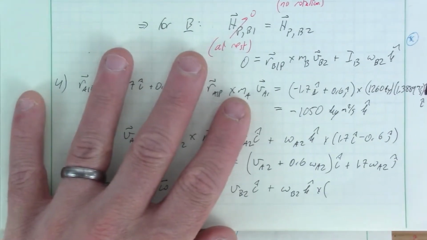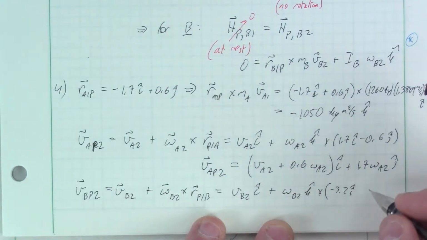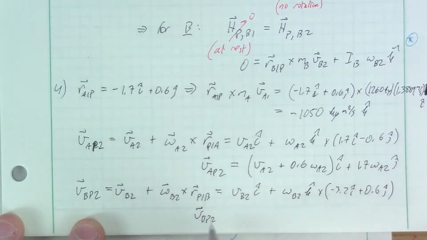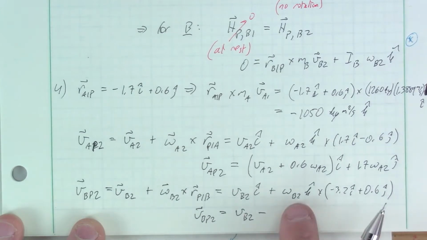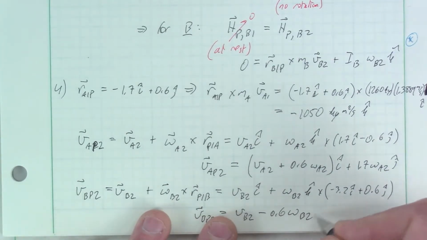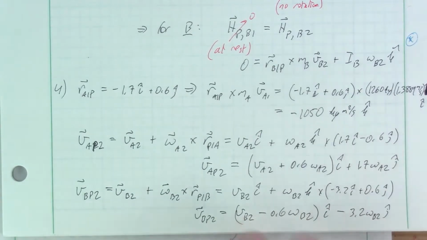There we go. So our relative position vector there is negative 3.2 i hat plus 0.6 j hat. And so just like up above, VB2, the velocity for car B at the collision point after the collision, is going to be VB2 minus, right, so that's an i hat component. The i hat component is going to come from k crossed into j. That's minus i hat. So we get a minus 0.6 omega B2. These are the i hat components. Minus, because k cross i is positive j hat, so minus 3.2 omega B2 j hat.